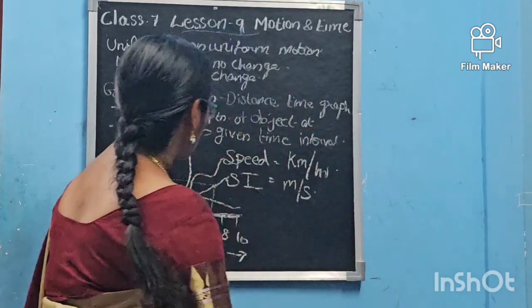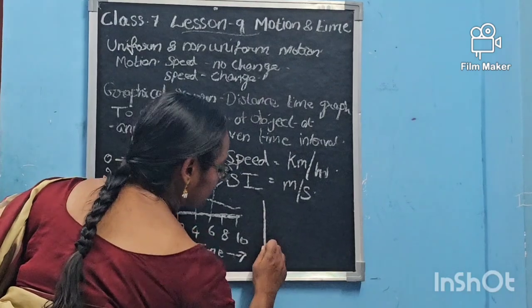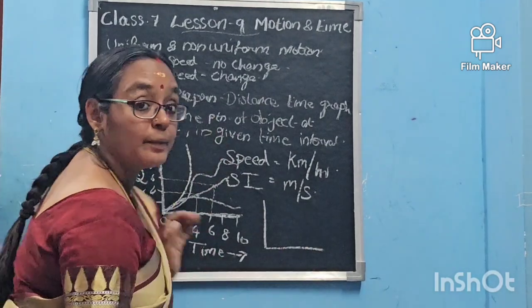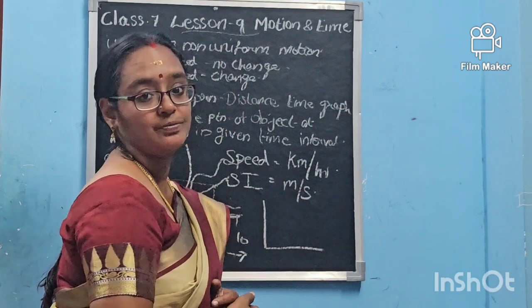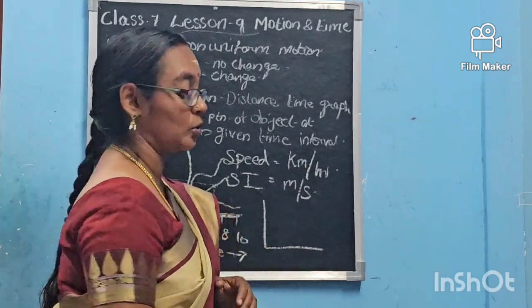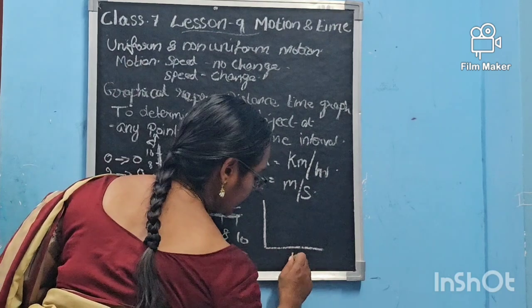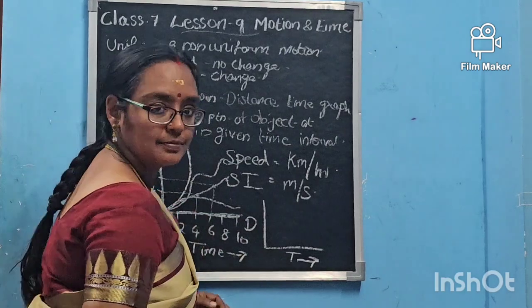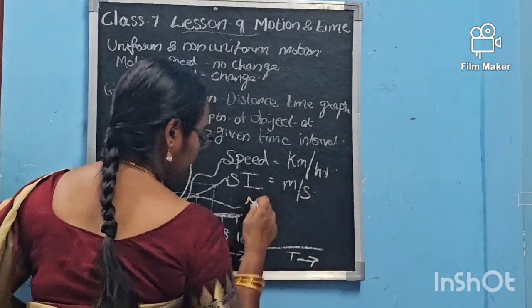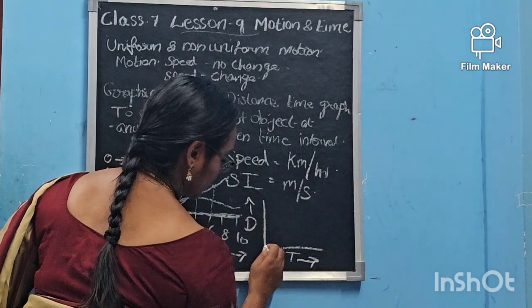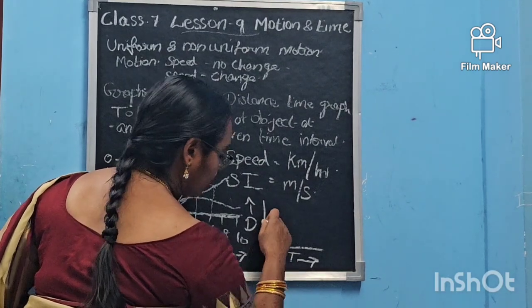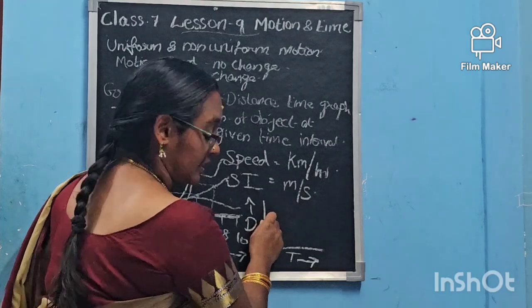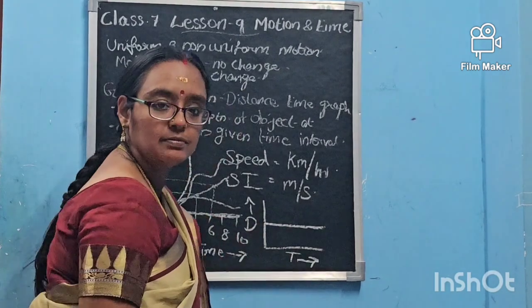So, let me ask you one question. What will be there when the object is at rest or the object is not in motion at all? Here time, here distance. Okay? If the object is at rest, it will be a straight line.